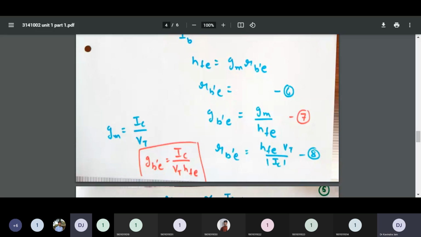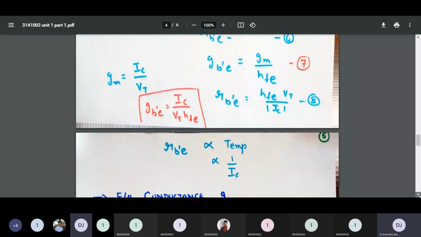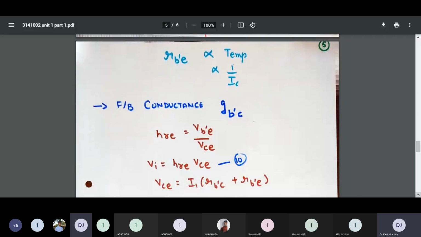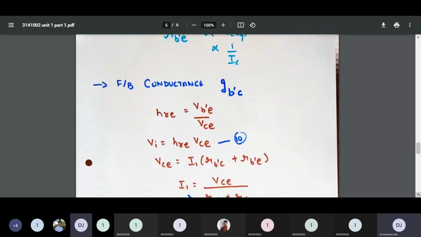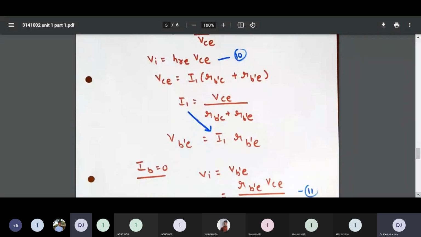Now, based on the input conductance, we are going to calculate the feedback conductance. I hope you are able to understand feedback conductance. So this feedback conductance is nothing but GB'C. To calculate GB'C, we had done this thing. We have calculated I1. From I1, we tried to calculate VB'E.